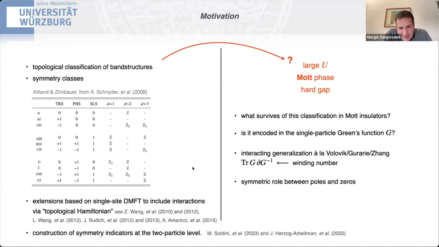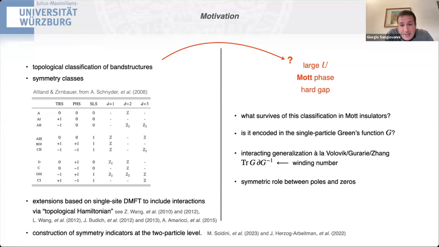You see this object here, and some higher dimensional extension of that, are integers, are winding numbers, so they cannot change if you make smooth deformations of the Green's function, and they extend the topological invariants to interacting cases.